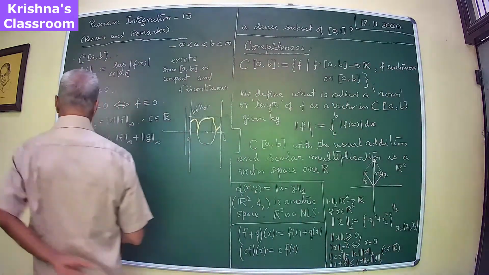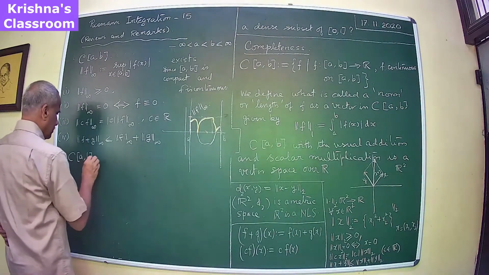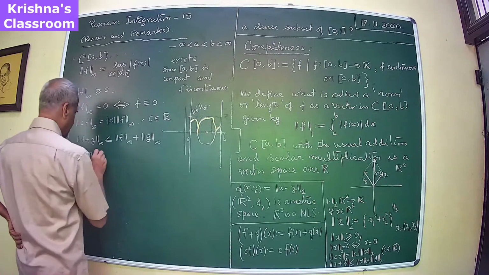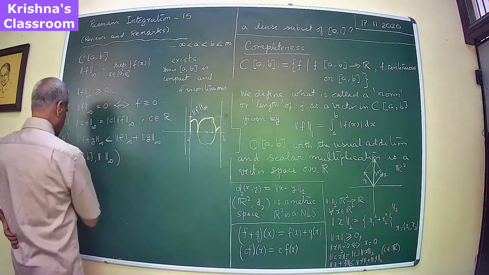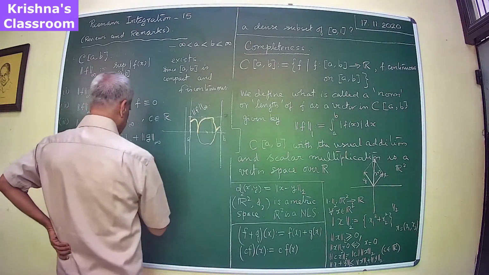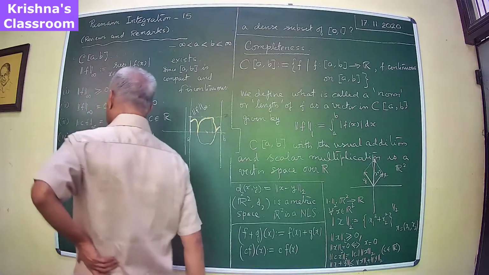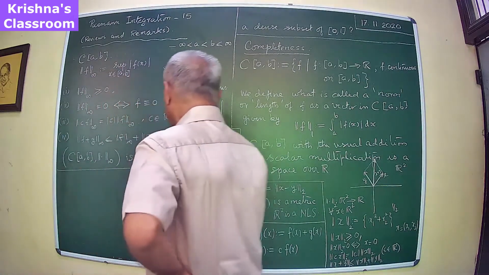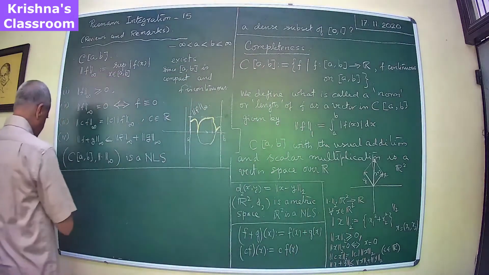So C[a,b] with the sup norm, as this is called, is a normed linear space. That is one thing. With the same space, we can define another norm.